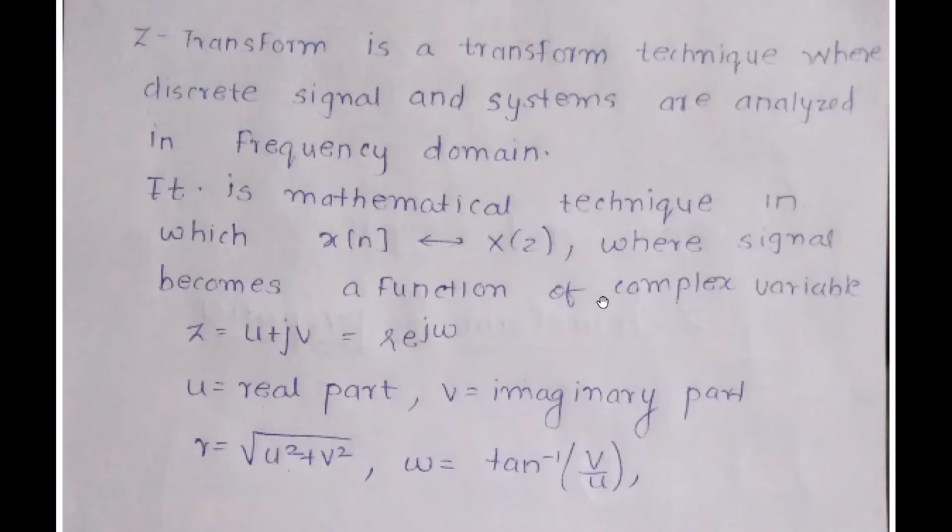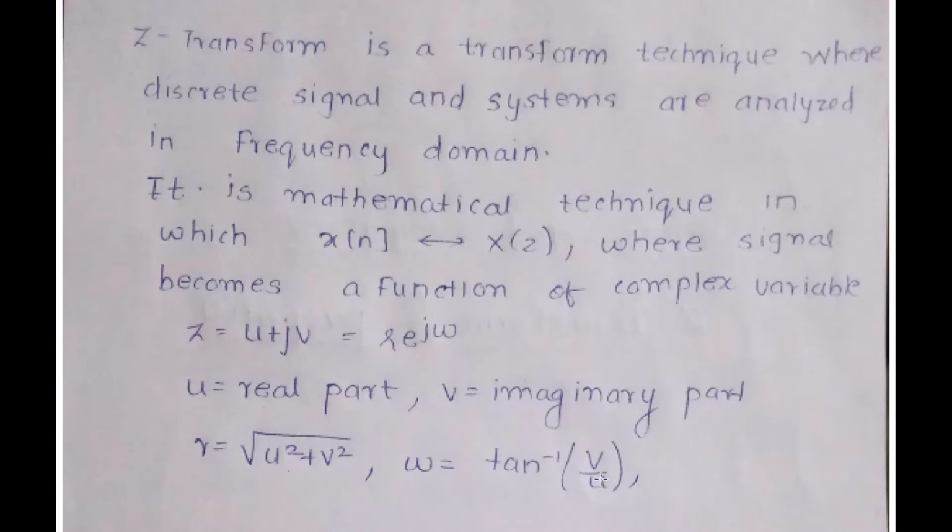Here the signal becomes a function of the complex variable z equal to u plus jv, equal to r e raised to j omega, where u is the real part, v is the imaginary part, r is equal to square root of u square plus v square, and omega is equal to tan inverse of v by u.